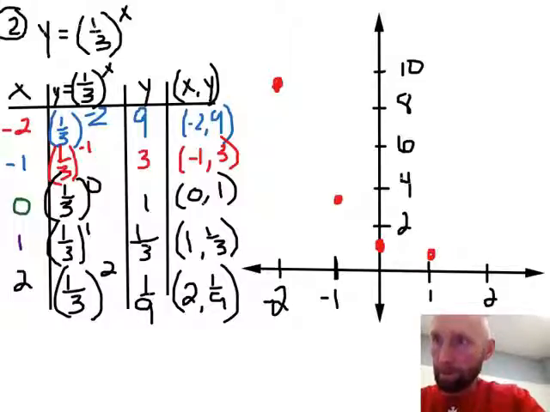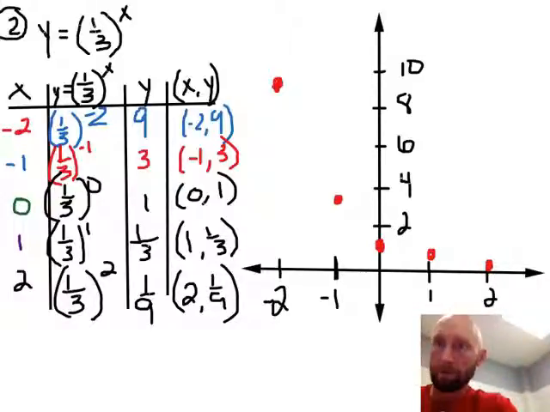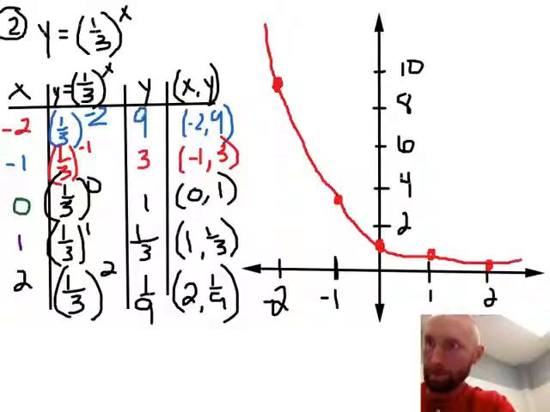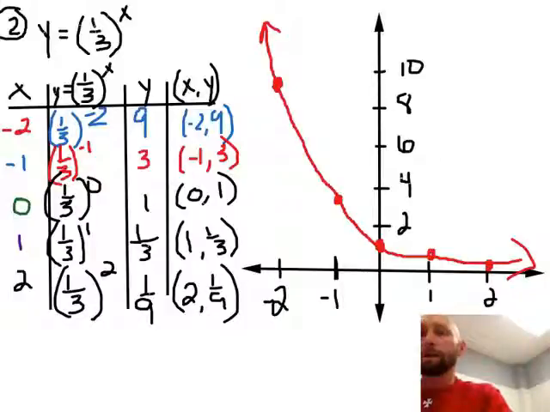And then 2 and 1/9, somewhere down in there. So we'll just go ahead and draw our curve through those. And again, hopefully you can draw a better curve than I can. But that's a rough estimate of what the graph should look like.